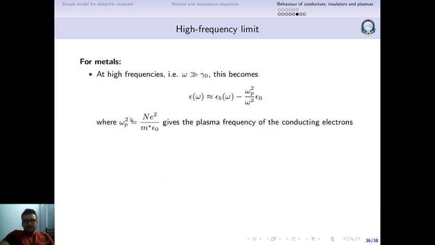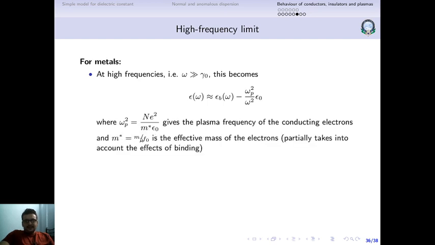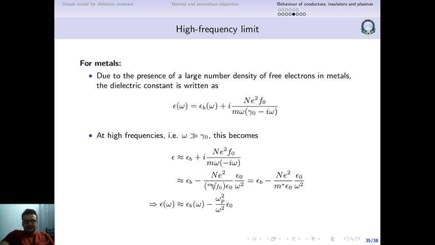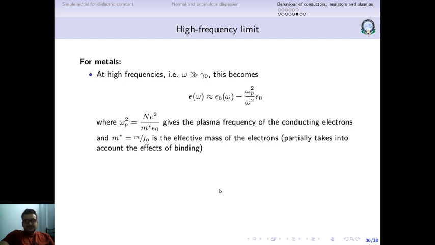So omega p square is Ne square by m star into epsilon naught, and as we can see here, m star is simply m by f naught. This is known as the effective mass of the electrons. It partially takes into account the effects of binding. Because m is the mass of the electron, you are dividing m by a fraction, which is less than 1, so this m star will be greater than m.